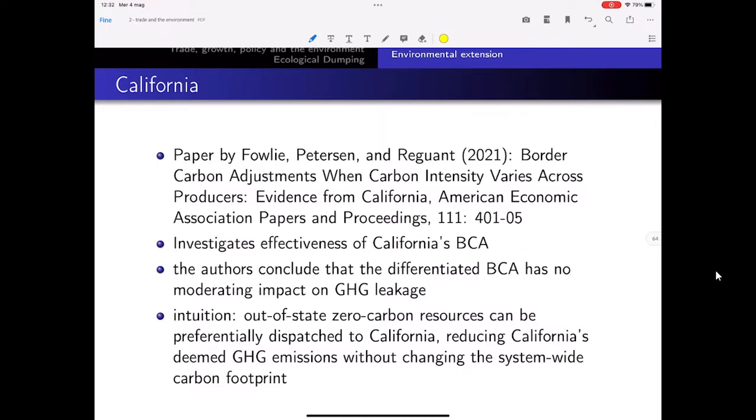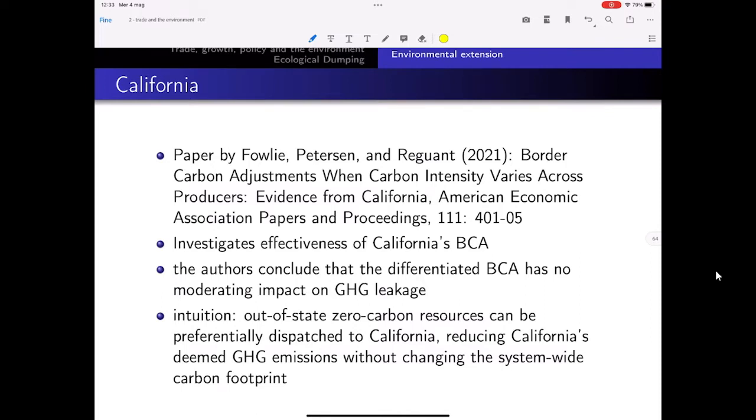Okay, and the intuition is quite straightforward. The reason is that even if California has this carbon border adjustment system in place, production, which is costly in California, moves to another region where there are no such costs in place, and then you preferentially import electricity depending on the emission intensity.